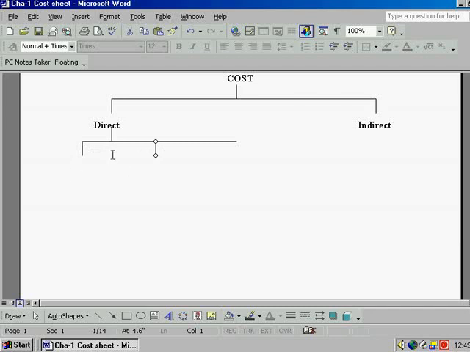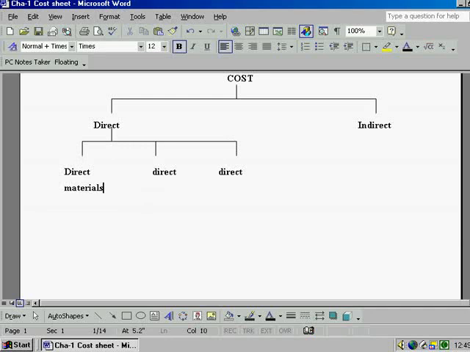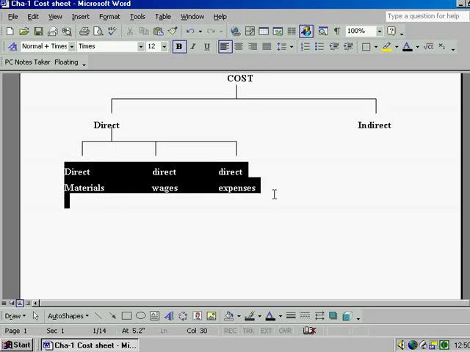I'm sorry, direct expenses. So we have direct materials, direct wages and direct expenses. You now know the examples of all the 3? Yes or no?